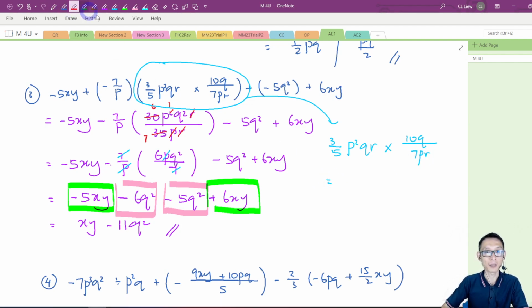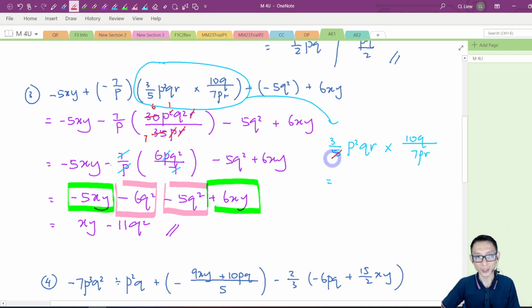Okay, now I'm going to show you another way. Divided by 5, divided by 5. The p here cancel, r cancel. Now we have to go through the whole expression carefully.